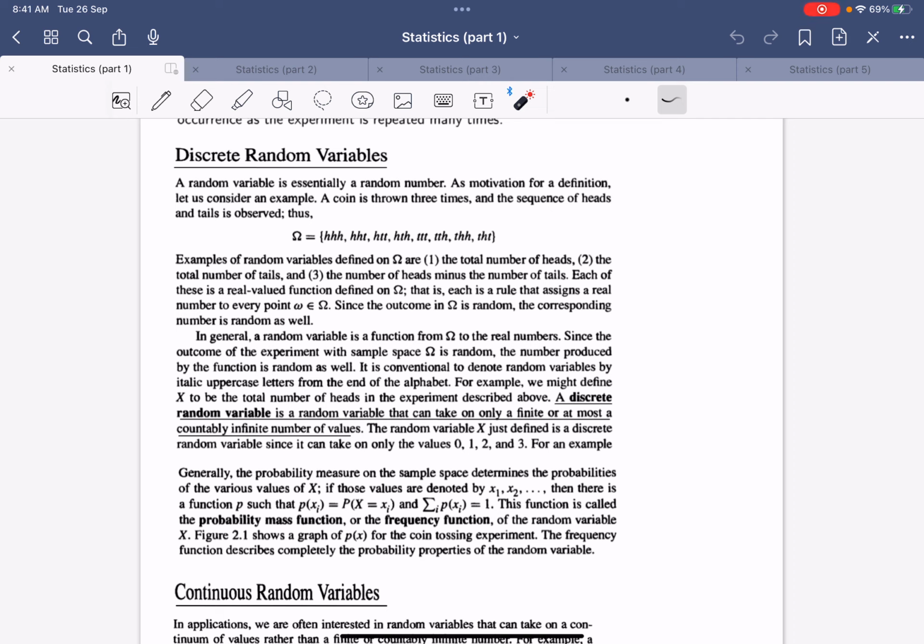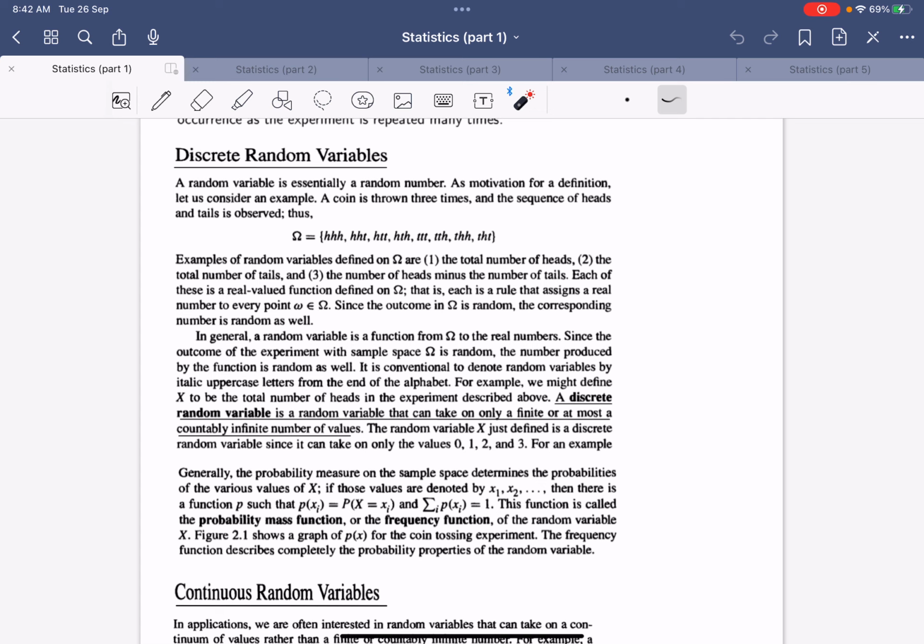So for example, you have an experiment where a coin is thrown 3 times and a sequence of heads and tails are observed. Thus, you have a sample space of the following, and you can ask how many heads are being observed.